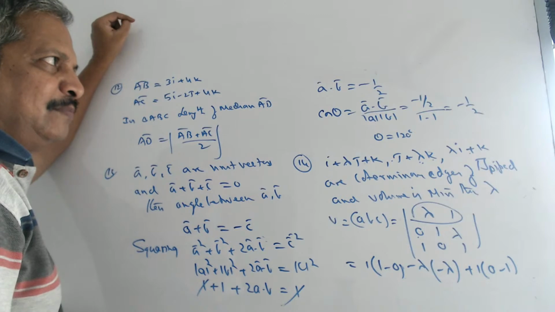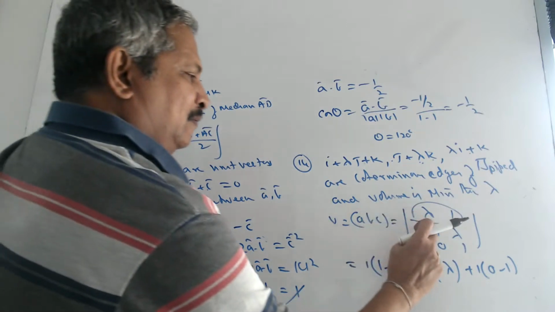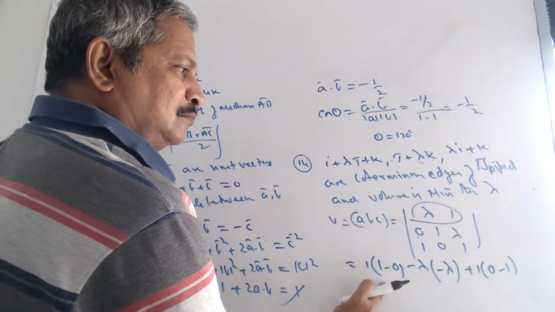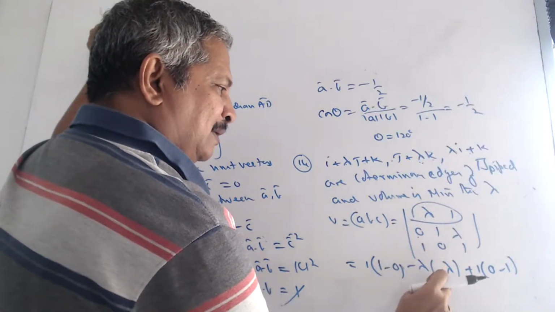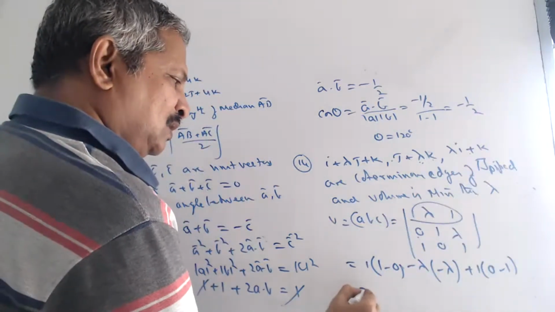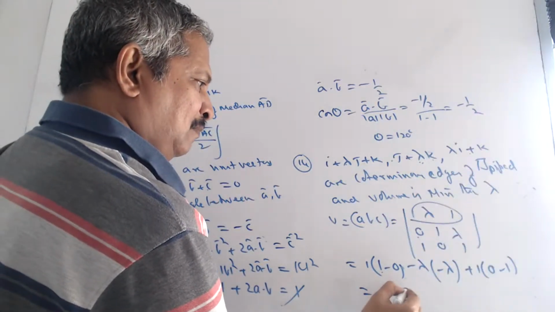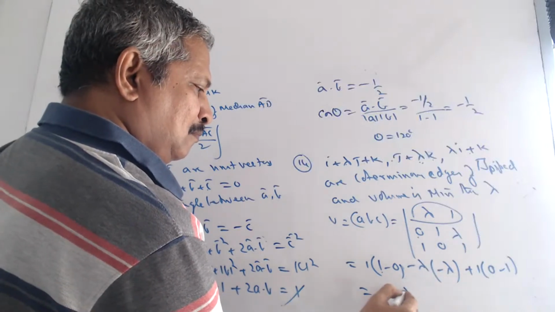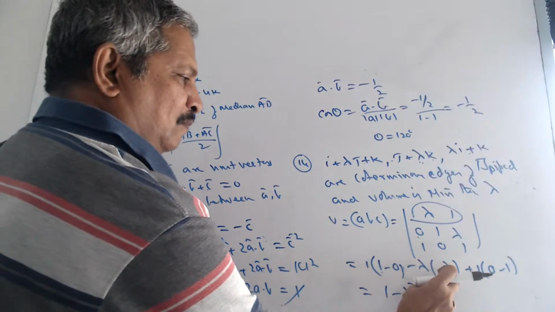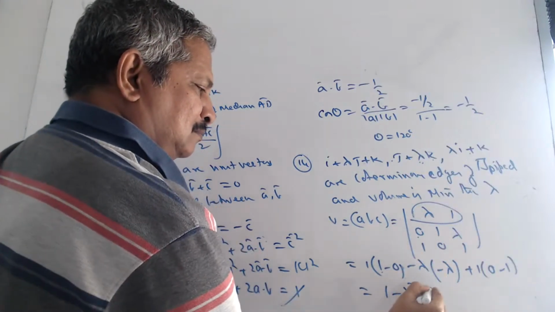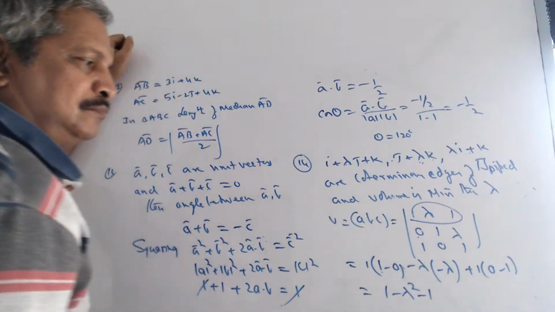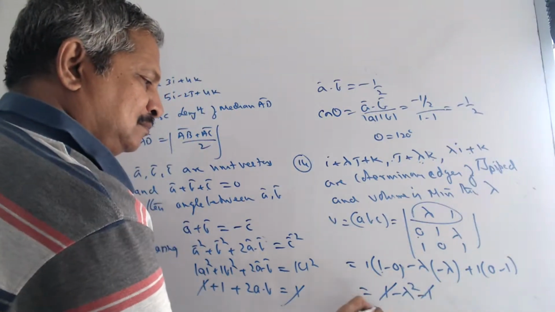So very carefully observe what we are doing. 1 into 0. Lambda into 0 minus lambda. 1 into 1 minus 1. This cancels.